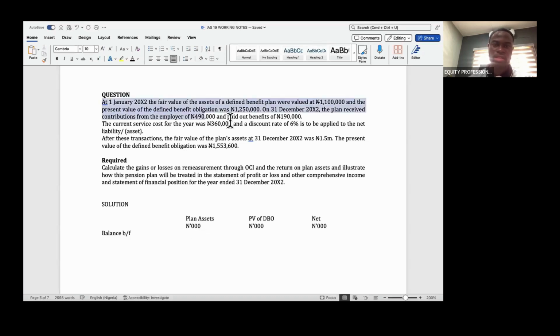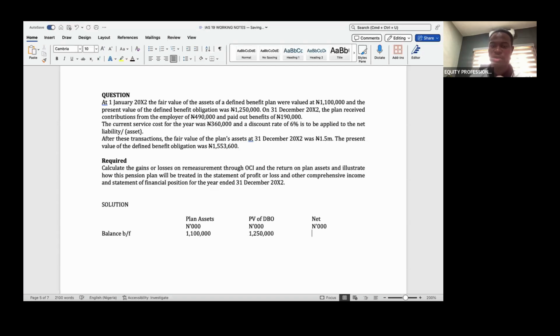If you look at this first and second paragraph, the examiner already gave us all the details you need. At the beginning of the year, they gave us the fair value of assets to be 1.1 million. They give you the PV of defined benefit obligation as 1.25 million.